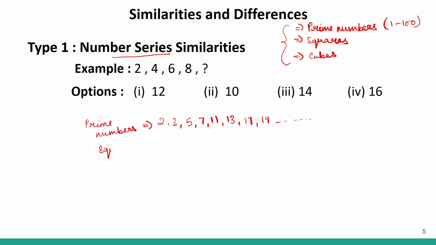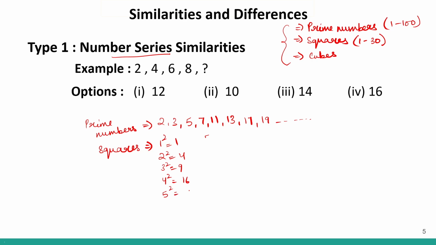Then we have squares. So squares up till 1 to 30. Let me write for the first 15. 1 square is 1, 2 square is 4, 3 square is 9, 4 square is 16.